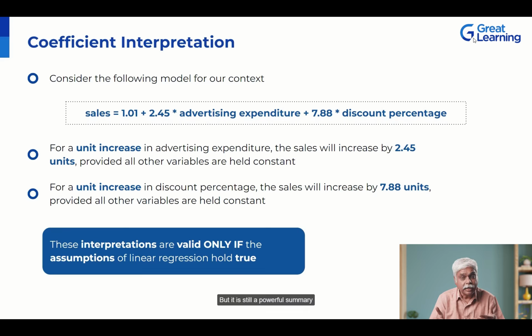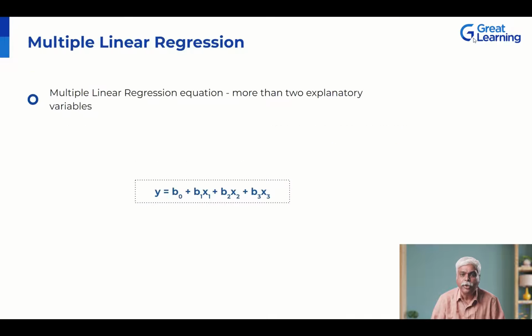But it is still a powerful summary statement to have of a predictive model: to say what is the effect of each variable singly on the output, taken one at a time, paying the price of forcing the other variable to be fixed. So that's the interpretation of the slope. The intercept remains problematic or interesting in exactly the same way.